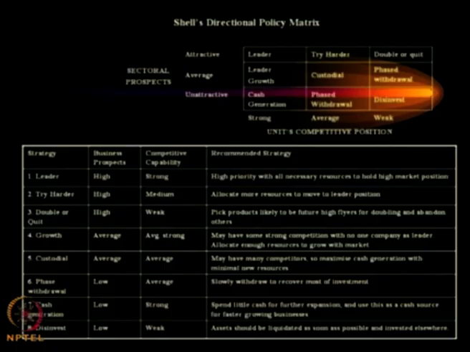The strategy advocated is to disinvest, that is, come out of the whole market as far as possible. So, what is the strategy? Assets should be liquidated as soon as possible and invested elsewhere. So, come out of this whole scenario quickly, do not keep on hanging around in this scenario. So, this is the type of strategies that are advocated by this Shell's matrix.